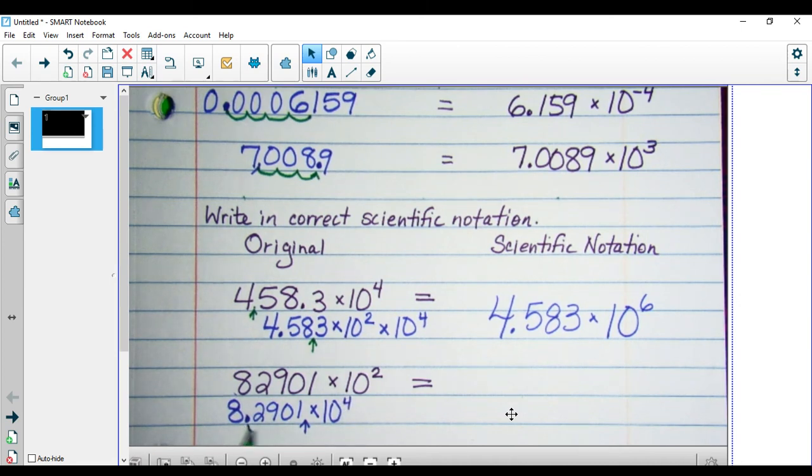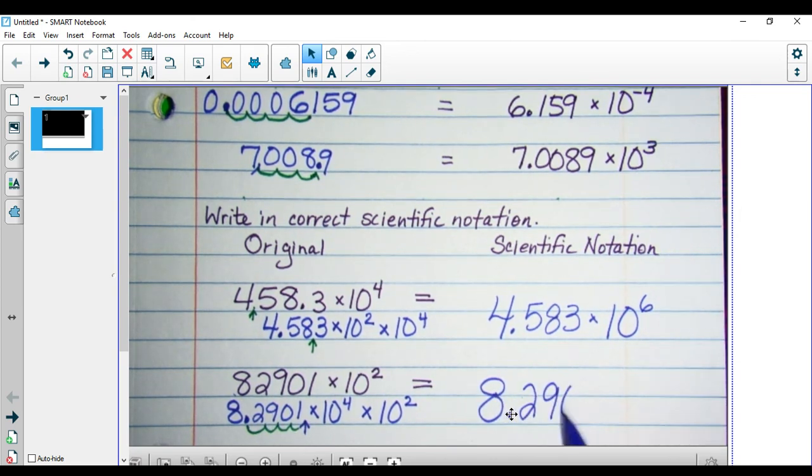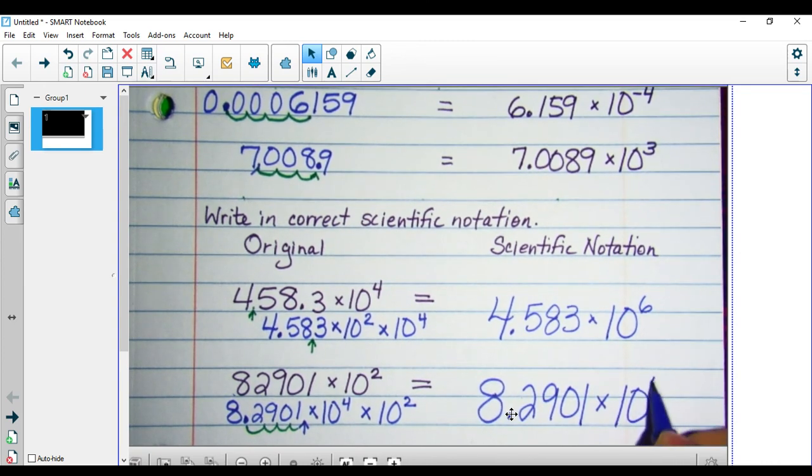That decimal would get moved over 4 times in order to get it back where it originally started. But I was already multiplying by 10 to the second power, so I get 8.2901 times 10 to the power of 2.